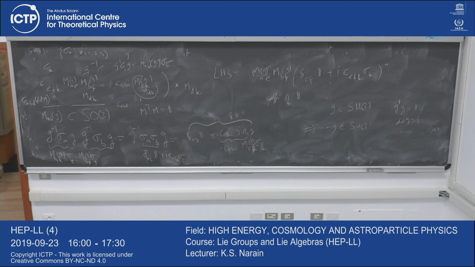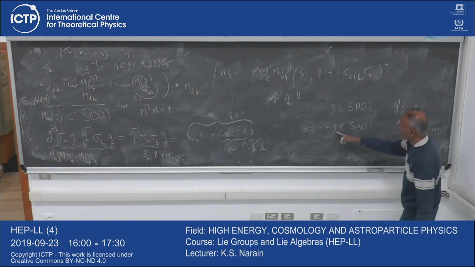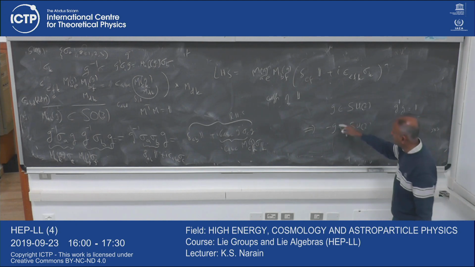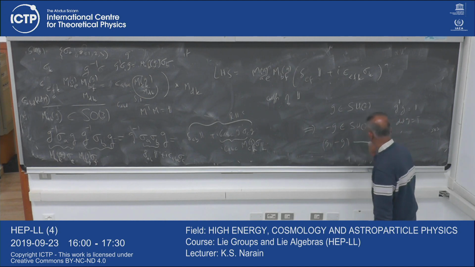So you're talking about matrix groups. SU N are generally defined like that: N by N unitary matrices which have determinant 1. So you see that minus G is also an element of SU2, and both of them are mapped to the same M. G and minus G both are mapped to the same M.